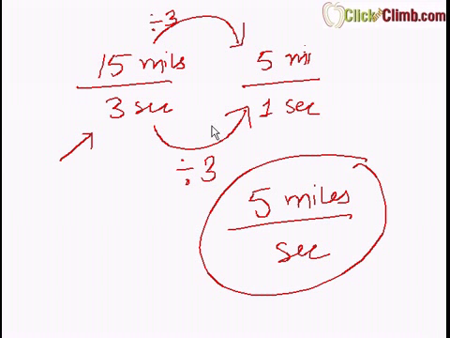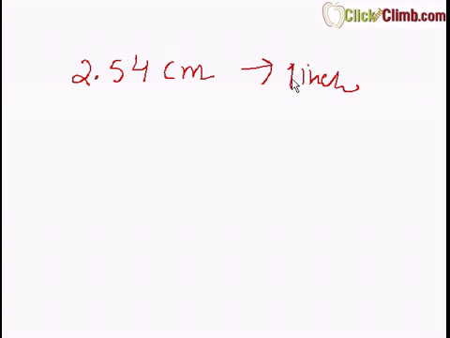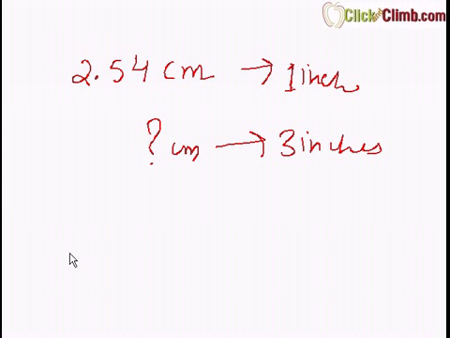All right, now let's take one more example. Suppose there are 2.54 centimeters in 1 inch, that we all know. So in 1 inch there are 2.54 centimeters. Now we're going to find how many centimeters there are in 3 inches.